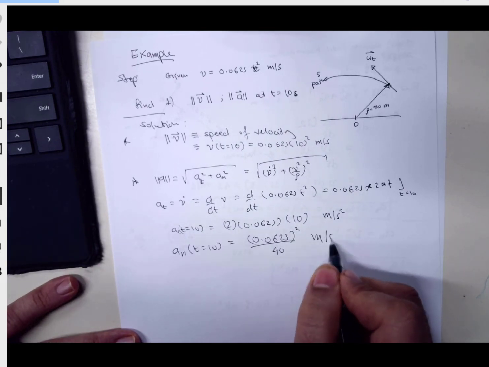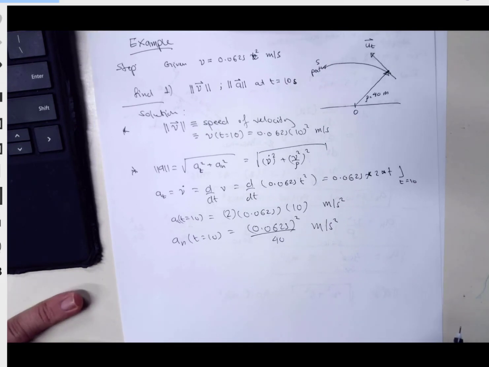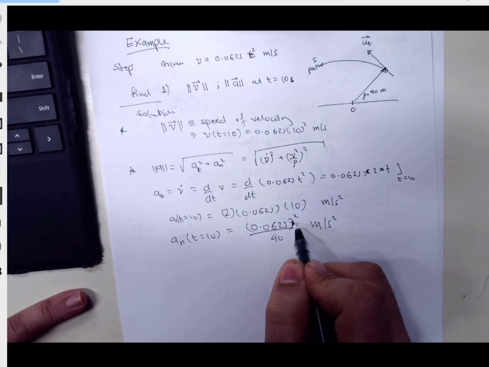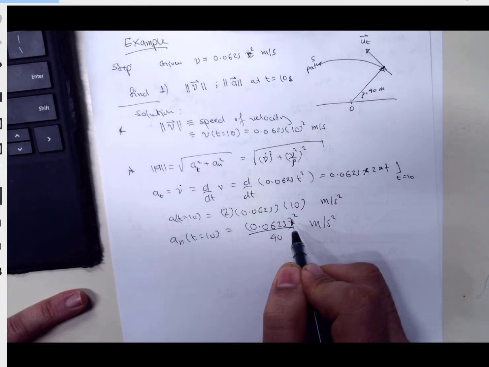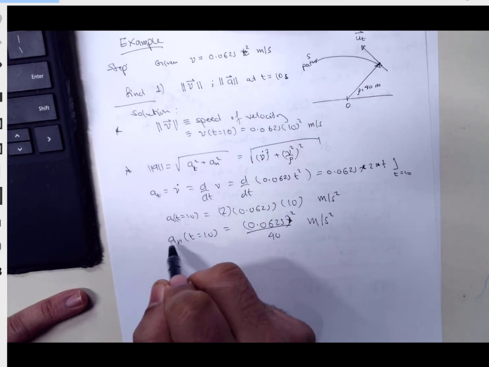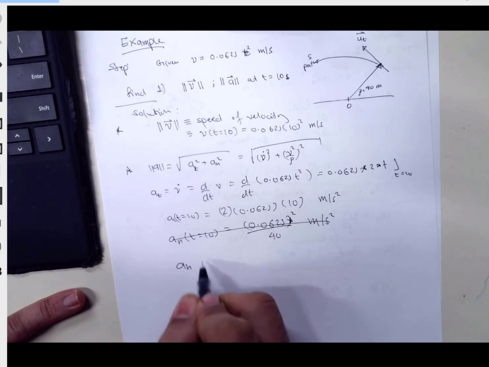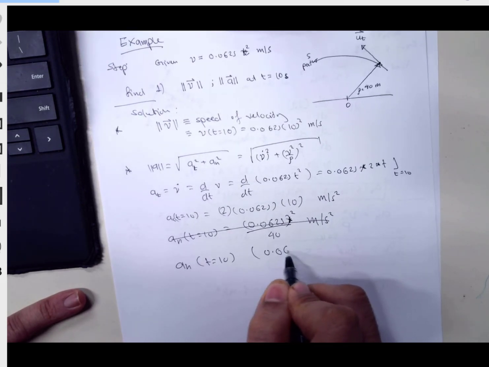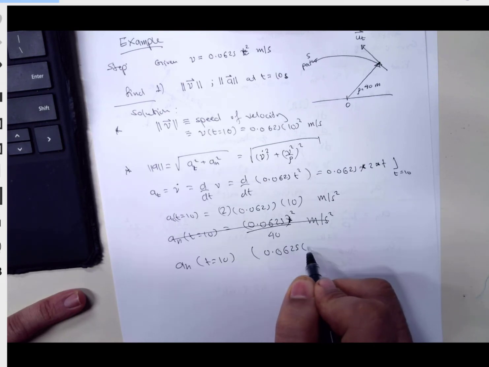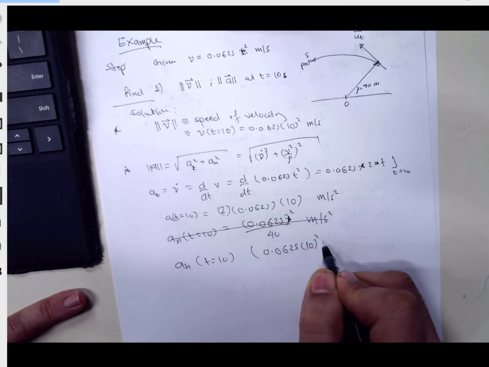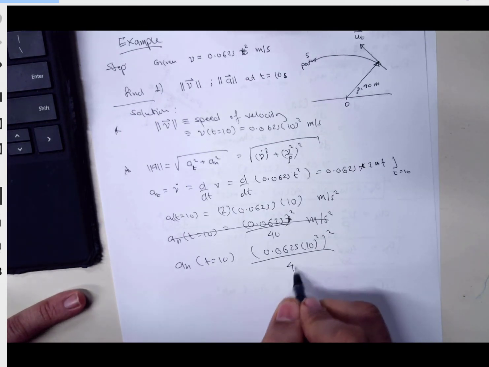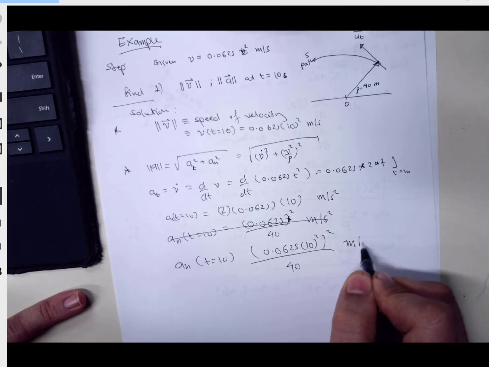Now I failed here, I forgot to multiply by 10, so I'm going to rewrite this. An at t equal to 10 is 0.0625 times t square, 10 square, coming from the v square, over rho, 40 meter per second square.